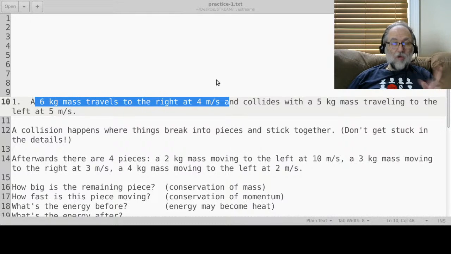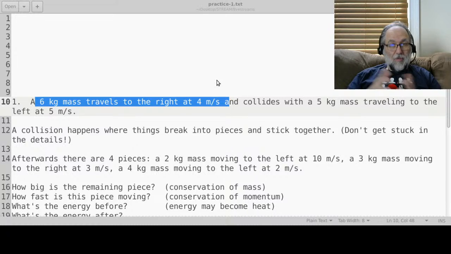Now, right or left is important because momentum is actually a vector, so left or right is going to be the difference between a sign. When we do these problems, you should draw pictures to show which direction is positive and negative. I don't know if we really need one for something this simple. You could just say right is going to be positive, and that's good enough.